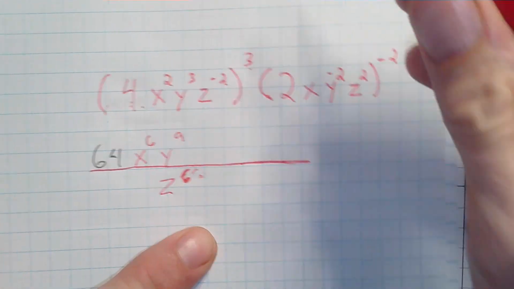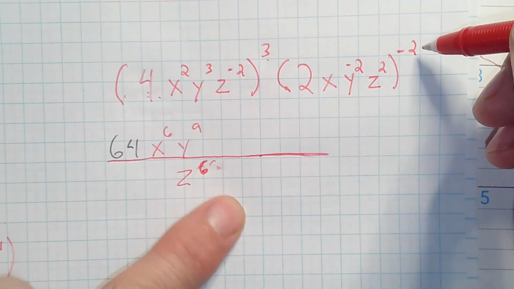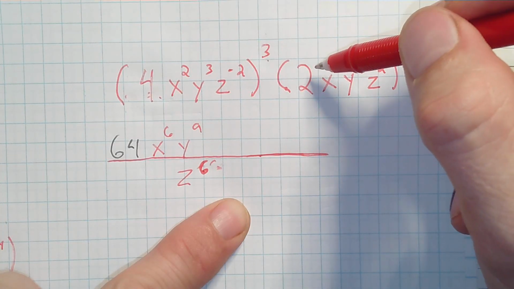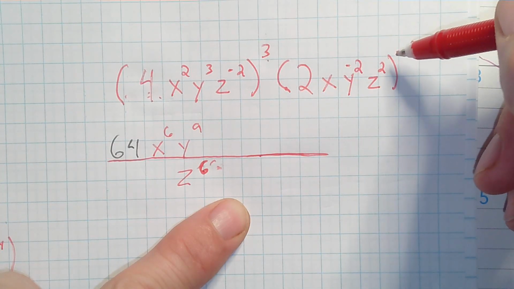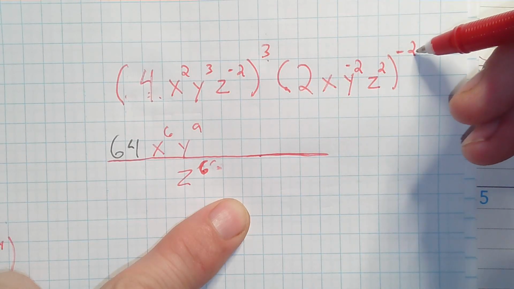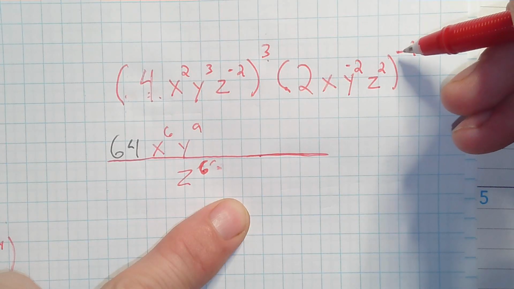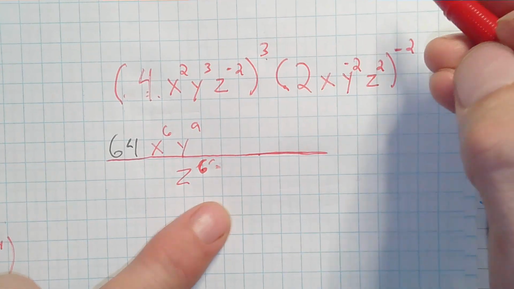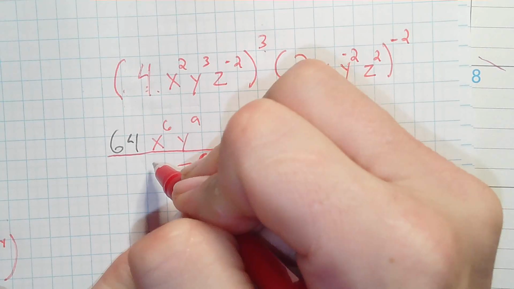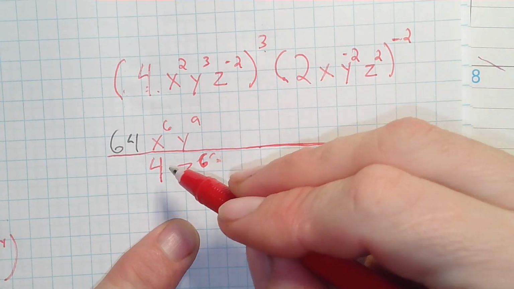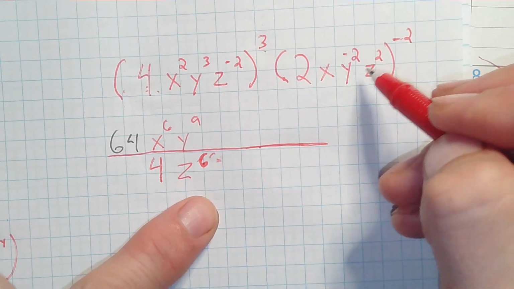Okay? So then over here, 2 squared is 4, but the negative sign will send it to the bottom. Okay, the negative sign sends it to the bottom.